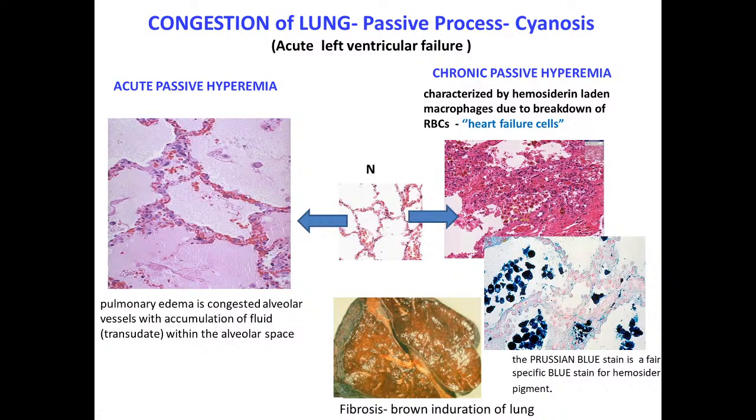Chronic left ventricular failure impedes venous blood flow out of the lung to the heart and causes chronic passive hyperemia. Pulmonary congestion. As the pulmonary veins become engorged with blood, back pressure in the alveolar capillaries increases.